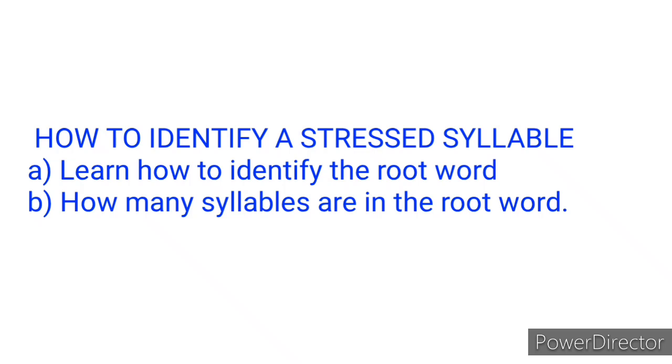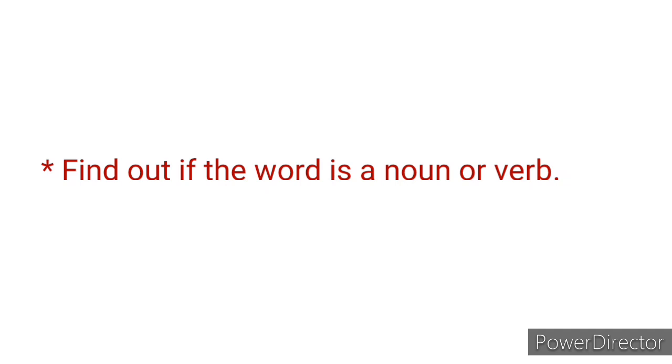Now let's see how to identify the stressed syllable in a bisyllabic word, that is, a word with 2 syllables. When you have a word with 2 syllables, the first thing you should do is to find out if the word is a noun or a verb.